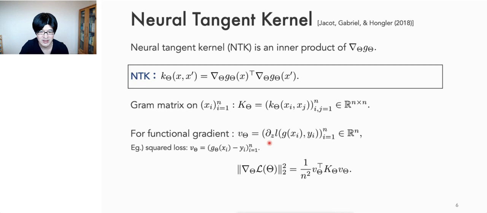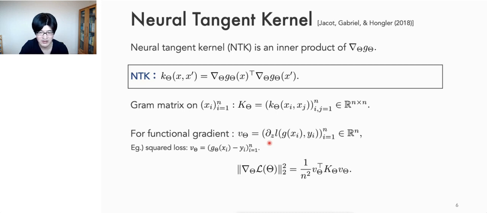The neural tangent kernel is a type of kernel depending on the parameters of the neural network, which is defined by the inner product of derivatives of g theta of the neural network like this. Let the capital K theta be the Gram matrix on n training examples, x_i, and v theta be a functional gradient defined on these examples.